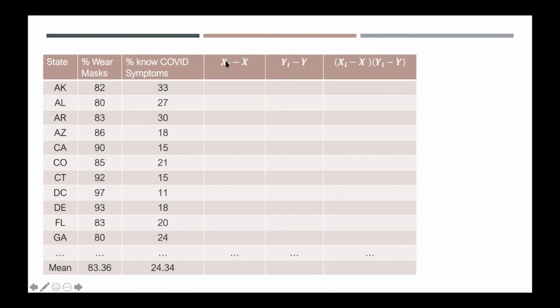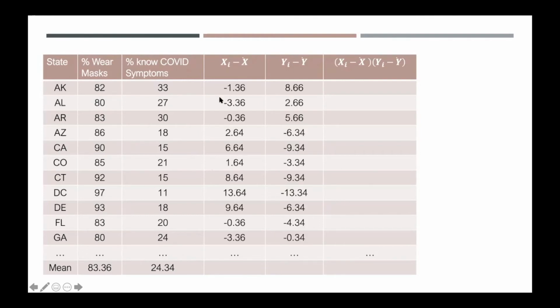And that's what I mean by X sub i, the X value for state i, minus the mean for all of the states that we considered. We can do this and find that respondents in Alaska reported wearing a mask a little bit less than average, and they reported knowing someone with COVID symptoms greater than average.